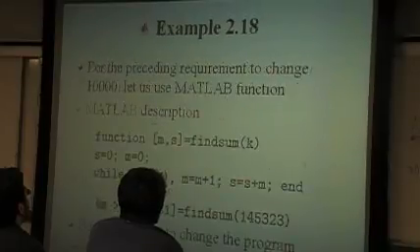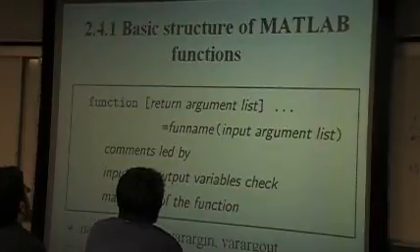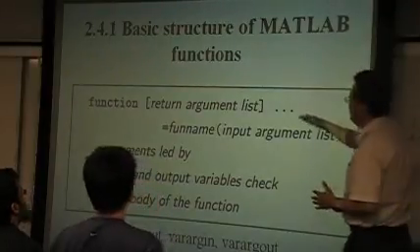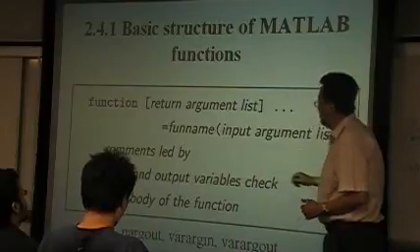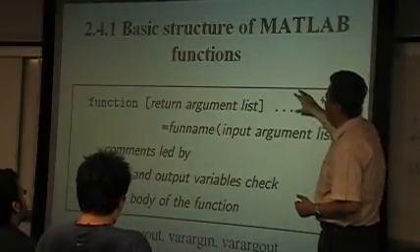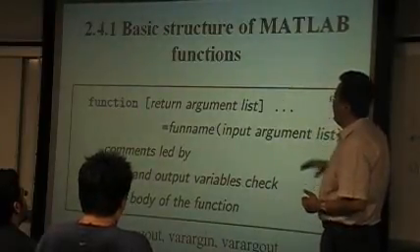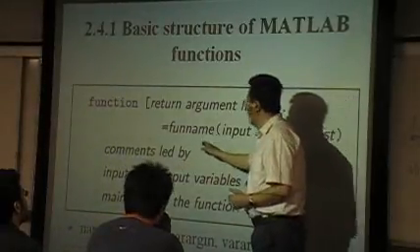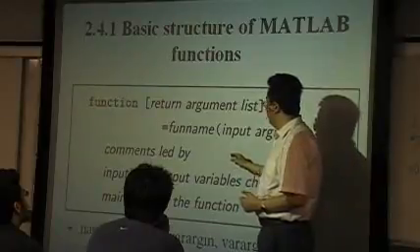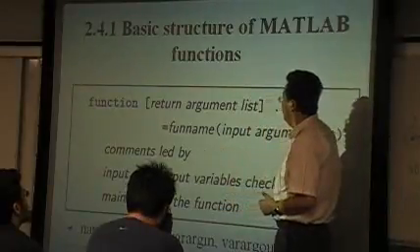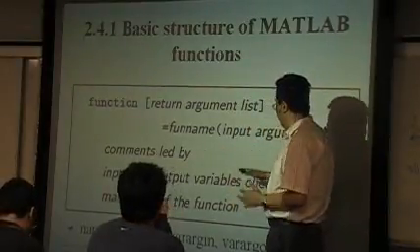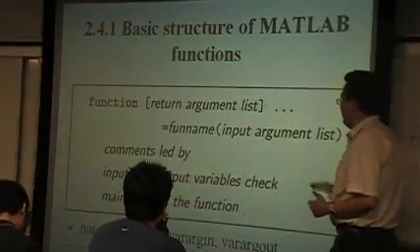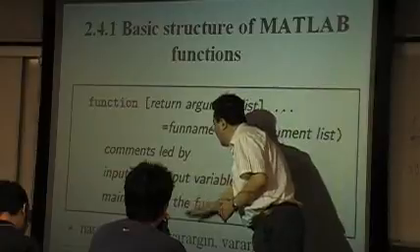What we are expected to do now is to get familiar with this kind of file structure. These are the first line of the function. Then there should be comments. The comments should be led by the percentage sign. Then we can check the input and output variables. And then comes the main body of the function.